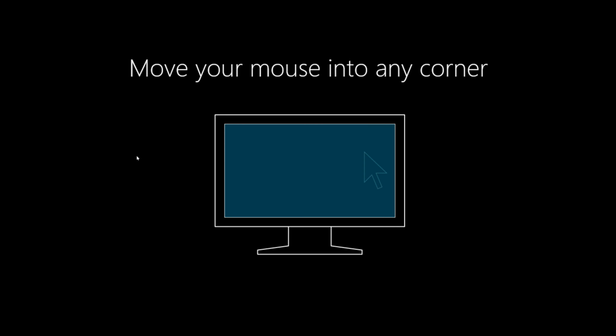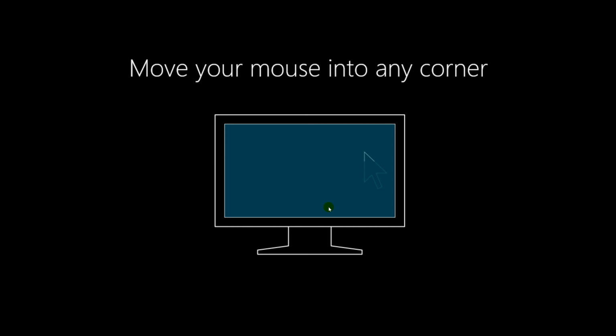And now, after your PC is ready, move your mouse into any corner. By the way, here I actually thought you were supposed to move your mouse into any corner. So I tried to do that, but it wouldn't work.